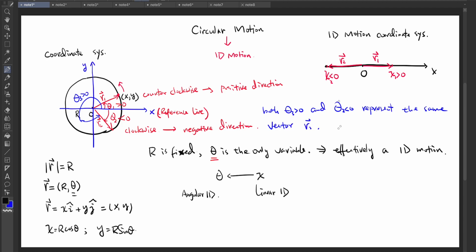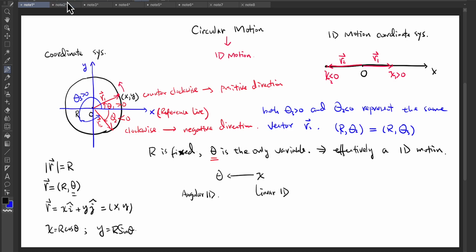So they're actually the same. So you can write down, let's say, R2, theta 2 will be equal to theta 3. Okay, so these two vectors are actually the same. They represent exactly the same arrow that we drew in the picture. Okay, so that's the discussion of the coordinate system.